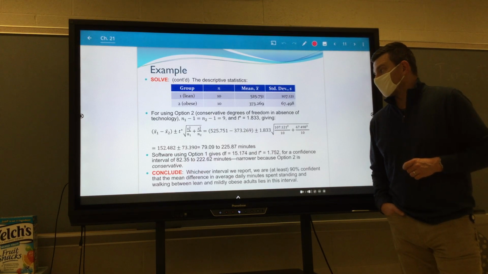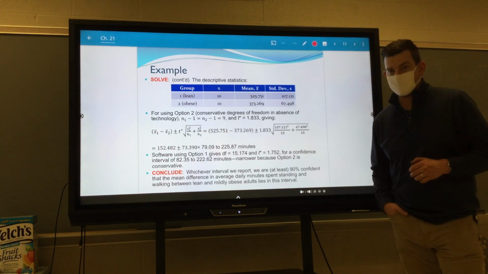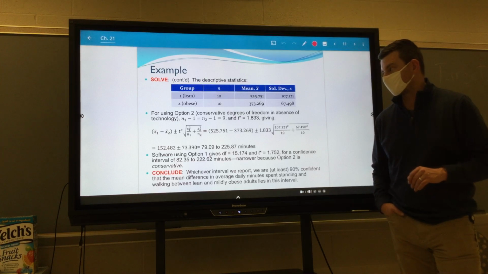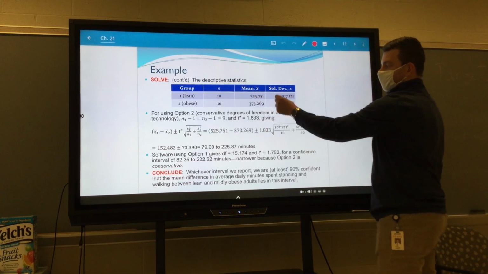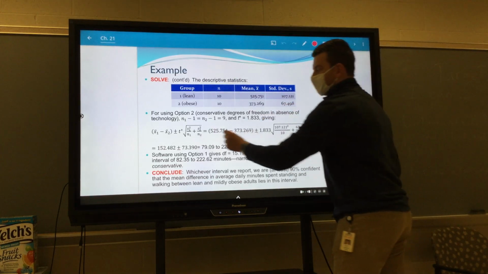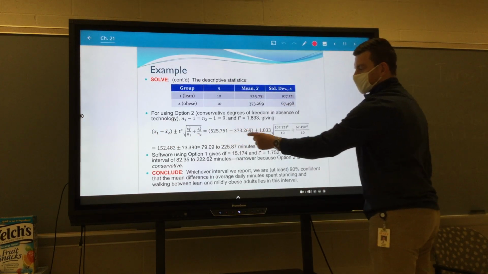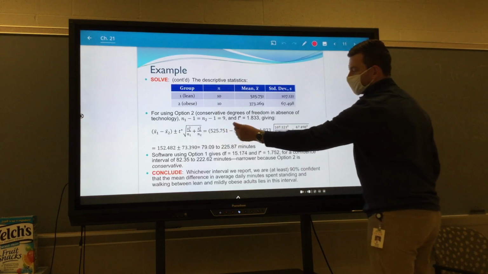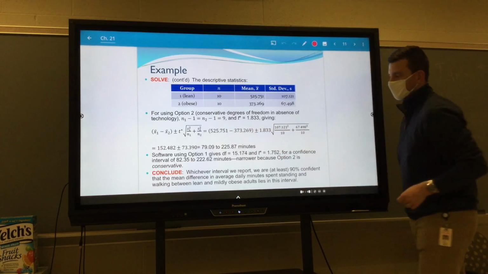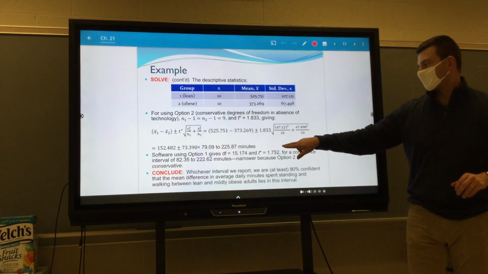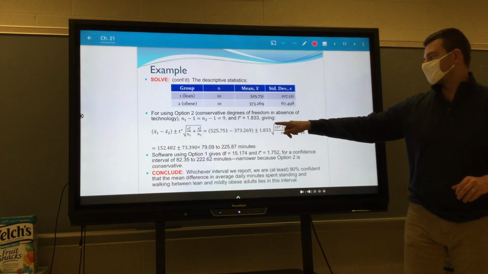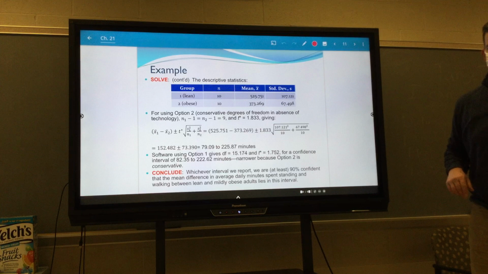But these are the numbers that if you are calculating this confidence interval by hand, look what goes into this. Okay, big mean and small mean, that is x bar 1 and x bar 2. So you're doing this 525 minus this 373. That is grouped in parentheses, plus or minus this t star calculation.